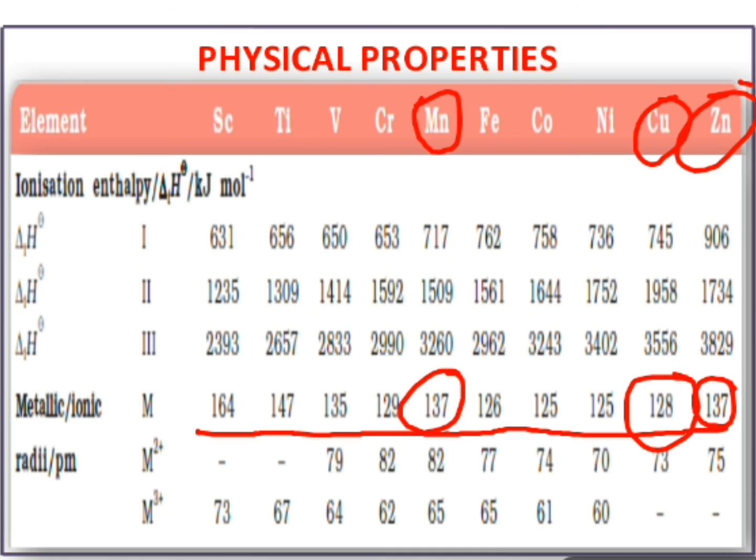Okay, because number of protons is the same, but number of electrons is decreasing. So plus is greater than minus. That's why the attraction is now increasing, and so with the removal of electrons, the ionization enthalpy increases.